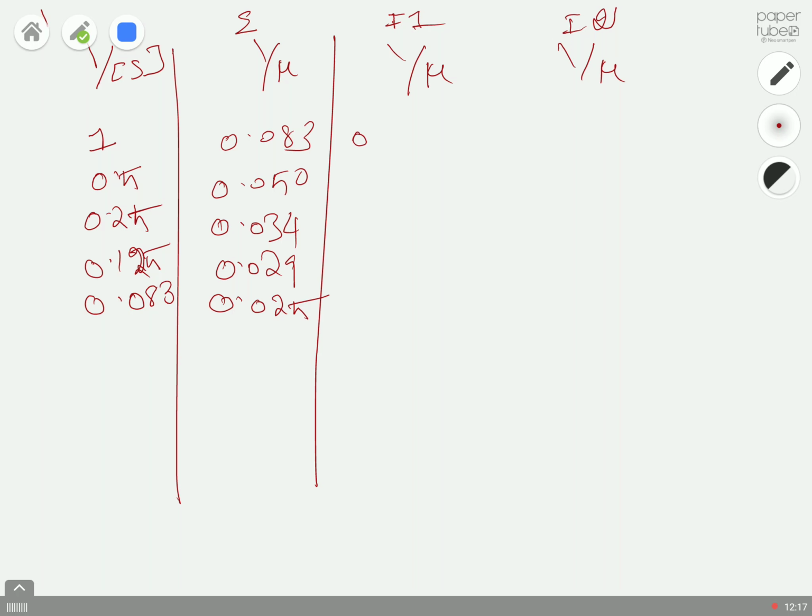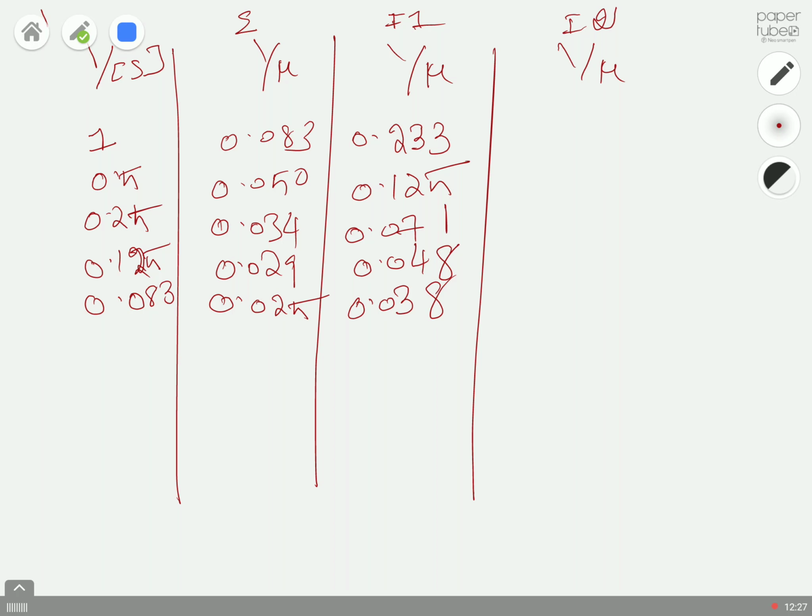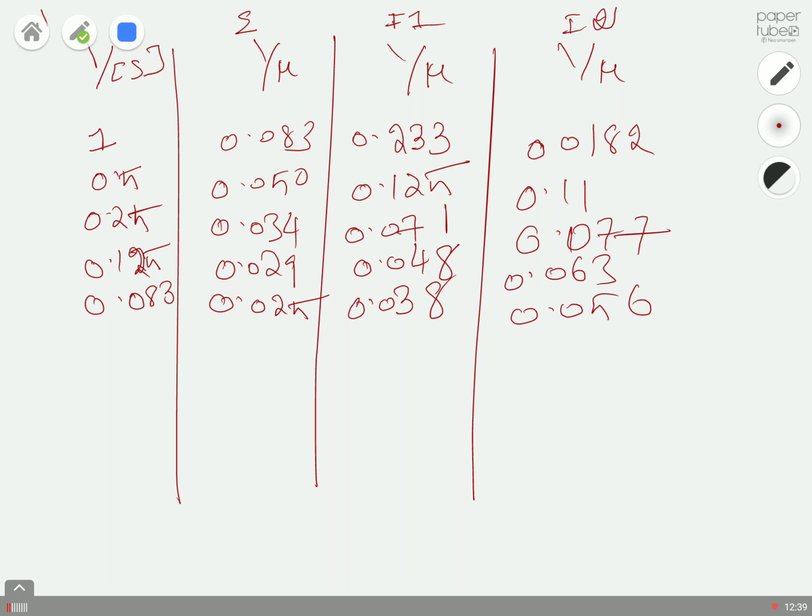And then here is 0.233, 0.125, 0.071, 0.048, 0.038, and 0.182, 0.063, 0.056. So you have this 1 by S and 1 by initial velocity for 3 different systems. This is pure enzyme, and this is inhibitor 1, inhibitor 2.